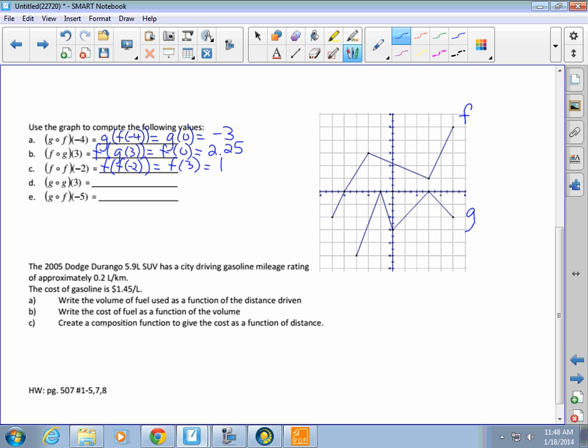So I'm finding the g of 1. On my g graph, when x is equal to 3, my y is right there, so that means it is 0. So this is finding the g of 0. On the g graph, when x is 0, my y is down here at negative 3.